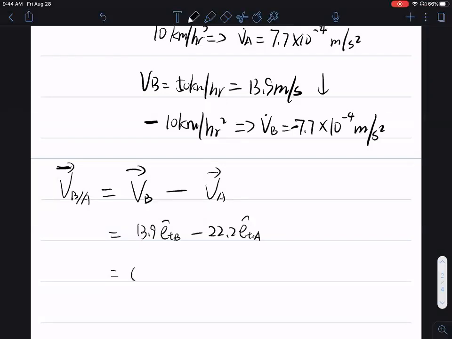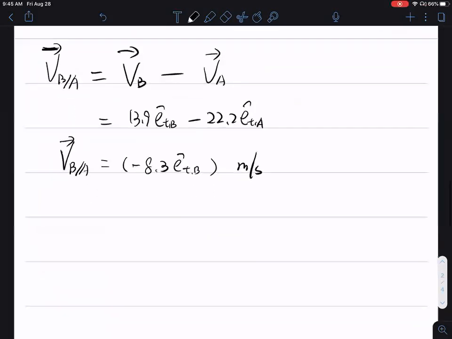You will end up with a negative number, which is negative 8.3 ET. Let's just call it ET, use ETB. The units are meters per second. So that is the relative velocity, VB/A.